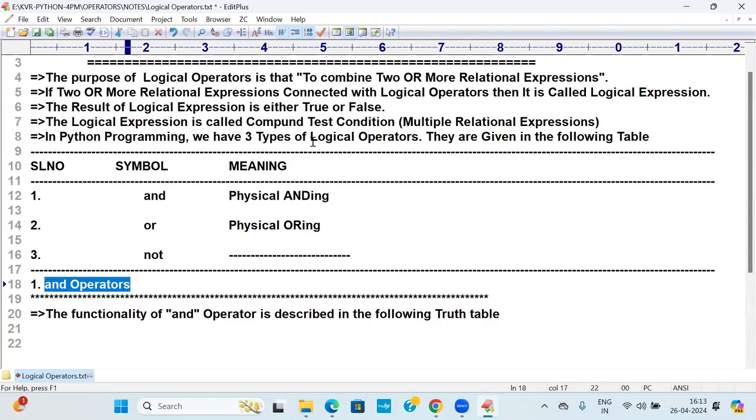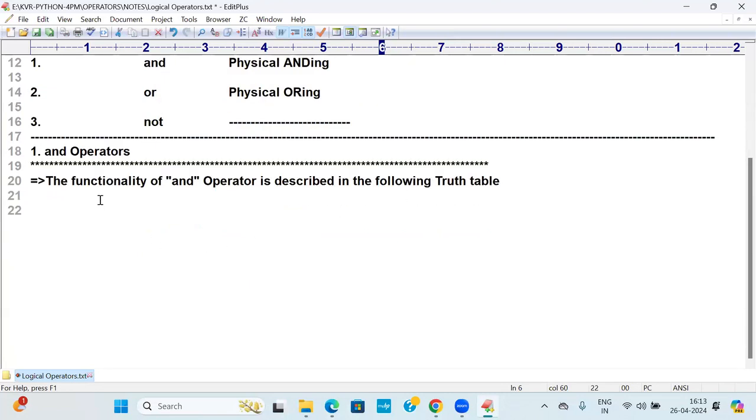As I told you just now, students, the result of the logical expression is either true or false. So here I'm writing one table, students. Let us follow this table.